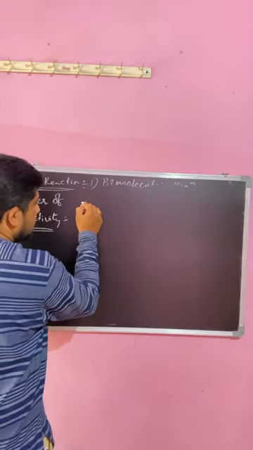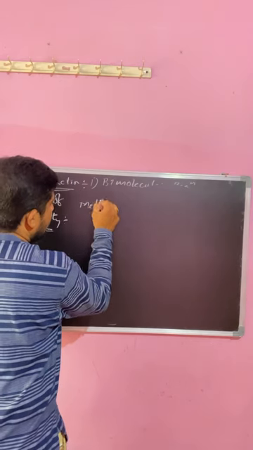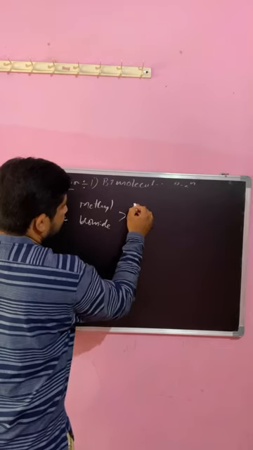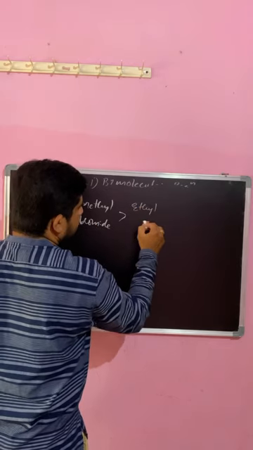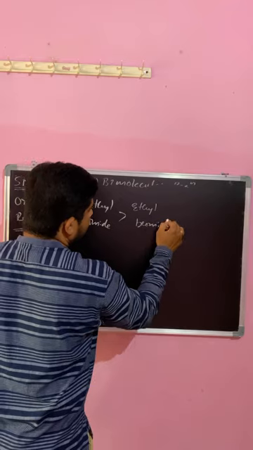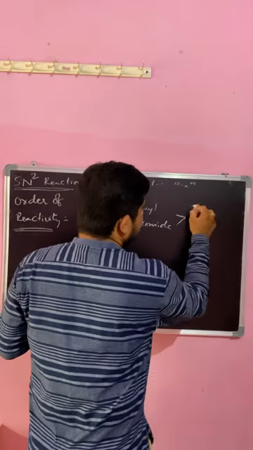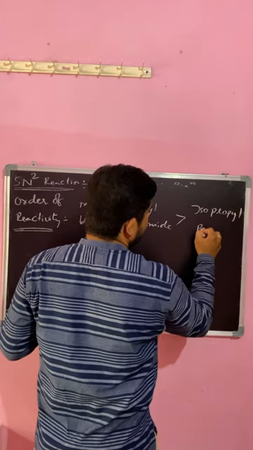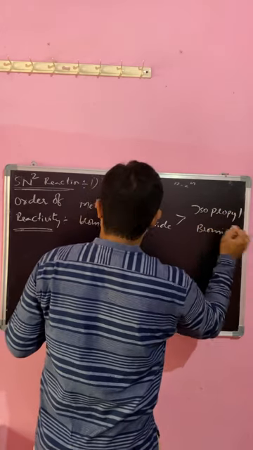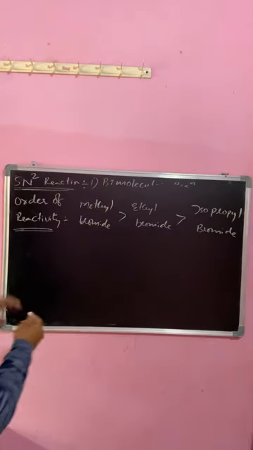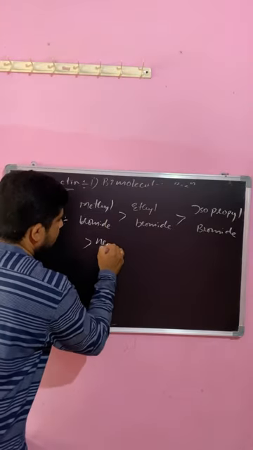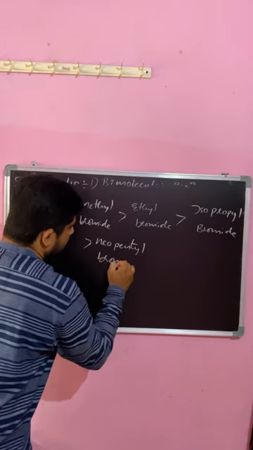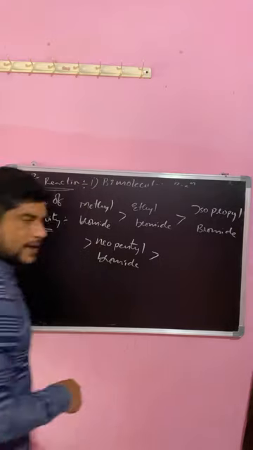So the order will be methyl bromide greater than ethyl bromide greater than isopropyl bromide, and after that neopentyl bromide, or we can take any halide.